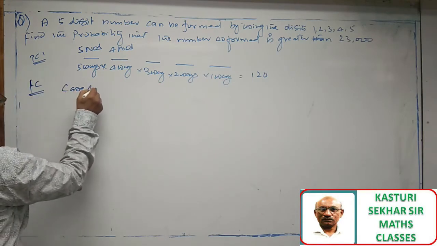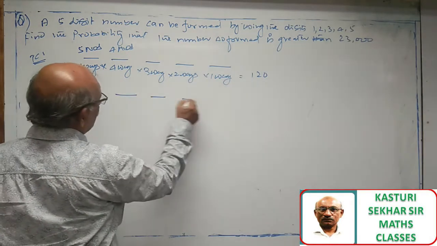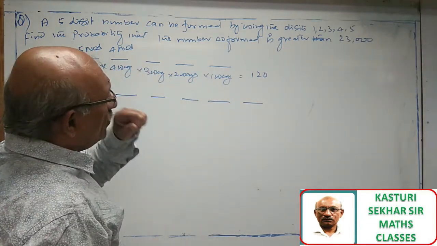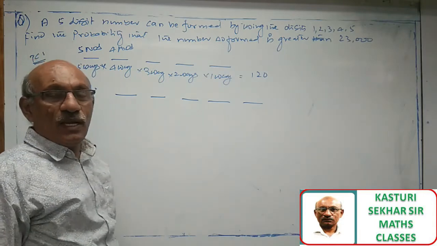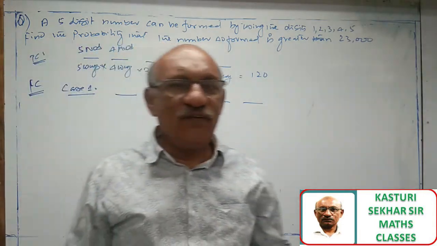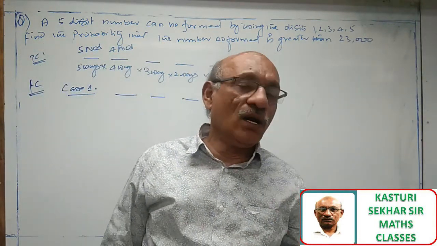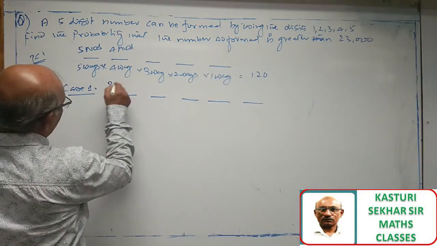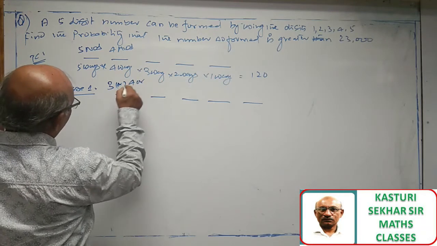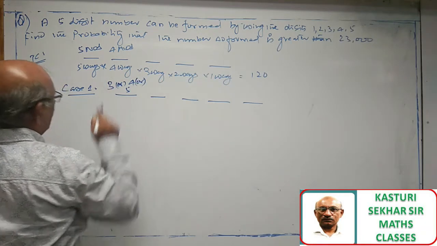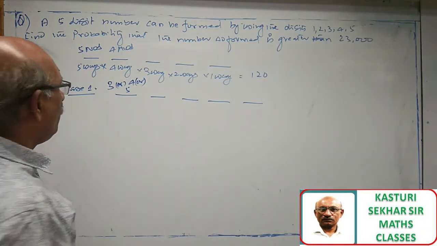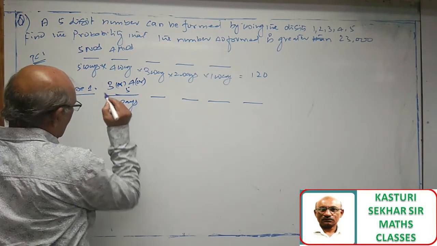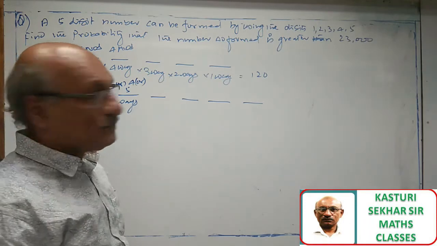Case 1. 30,000, 40,000, 50,000 series are always greater than 23,000. So case 1, when this place is filled with 3 or 4 or 5, this can be filled in 3 ways.